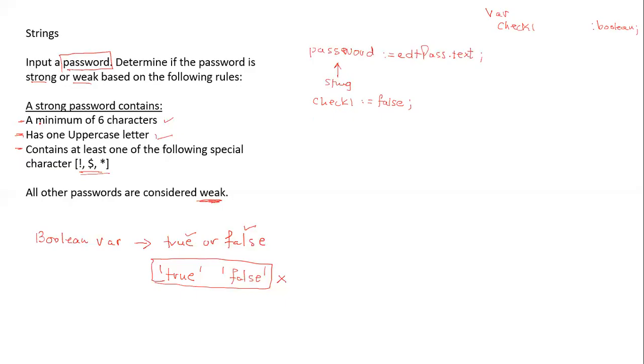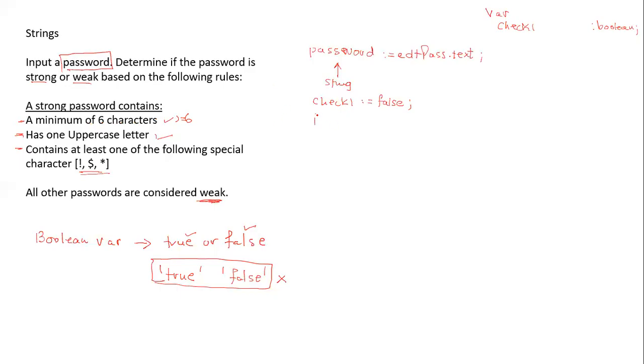And then I'm going to check if the password has a minimum of 6 characters. In other words, 6 or more, greater than or equal to 6. And if it does have 6 or more characters, I will change the switch to true. And if check1 is true, that's an indicator it has a minimum of 6 characters.